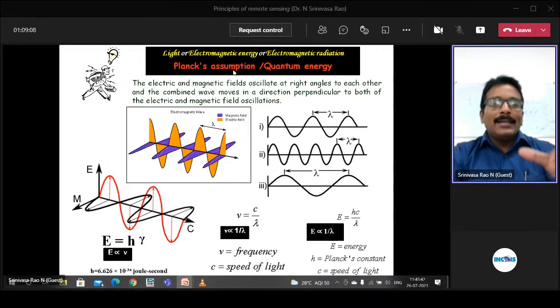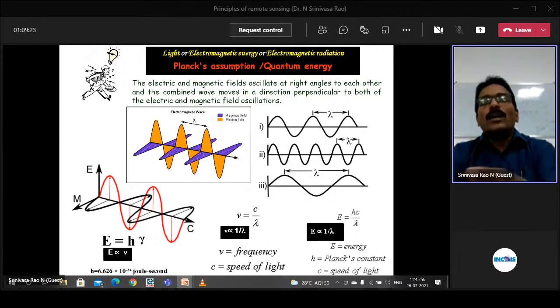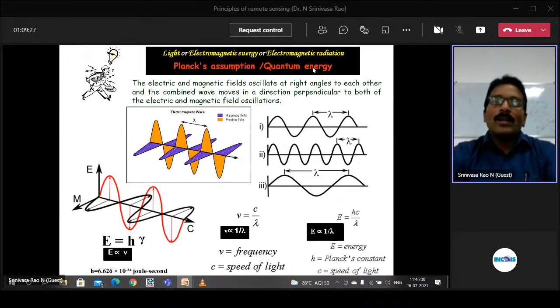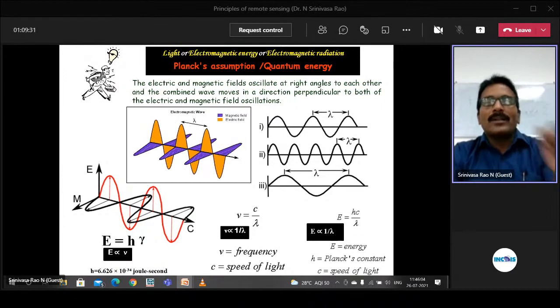This light travels from one place to another place in two ways. One is the waveform and the second one is packets of energy, in particle nature. So the energy travels from one place to another in the form of quanta, meaning one packet of energy. So how can we quantify?